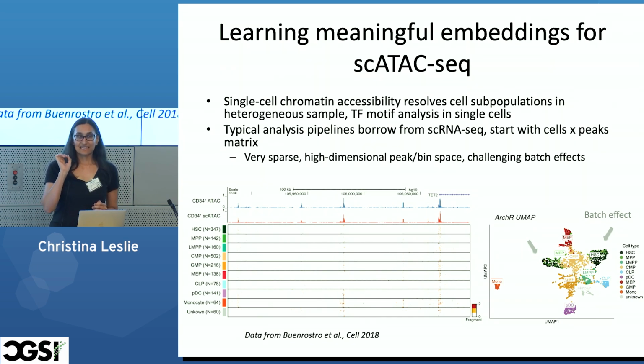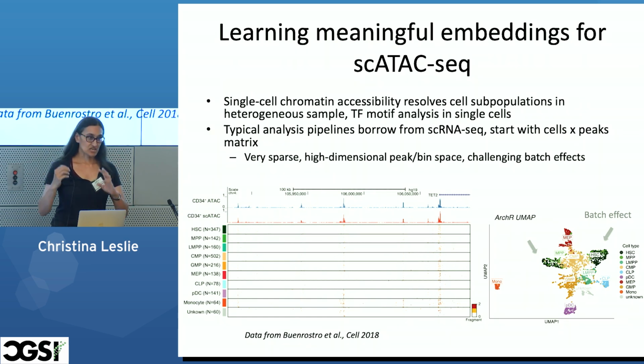Okay, the thing is that it is very sparse and challenging, high dimensional data, and most methods for analyzing this data just mimic the single-cell RNA-seq pipeline that you've presumably already seen. So instead of a cells by genes matrix, you start with maybe a cells by peaks matrix or cells by variable genomic tiles.